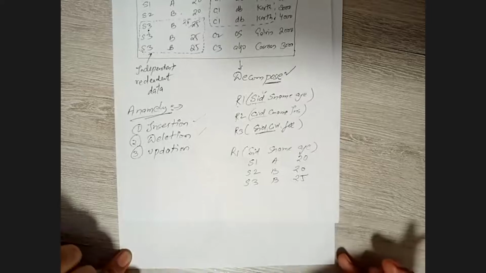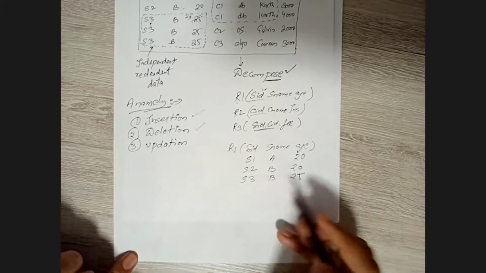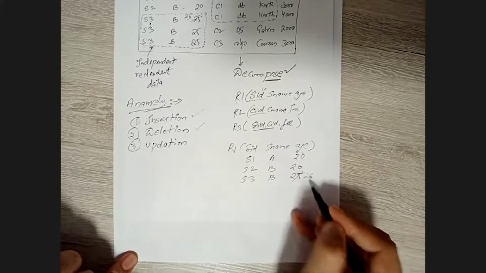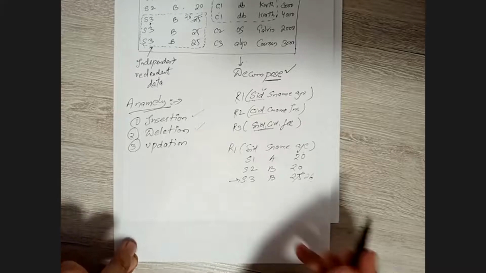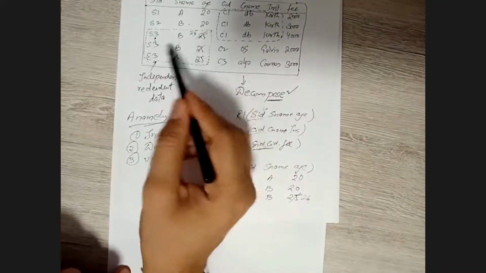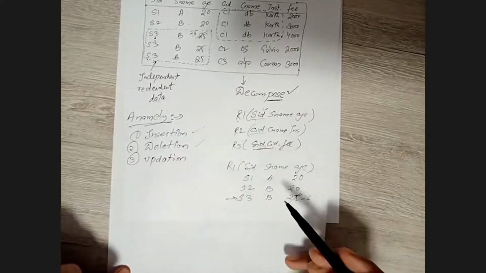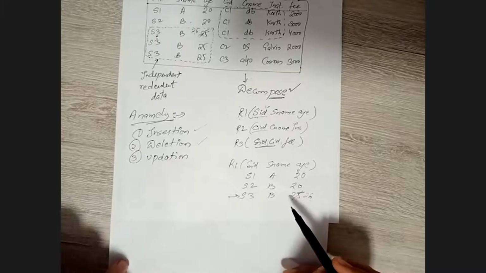That's it, right? So we can see, if I want to change the age of some student S3, probably by updating to 26, in a single row I can change the value over here. But in the other case, I need to update multiple values for the same one, right? This is how we can perform the decomposition over normalization tables.